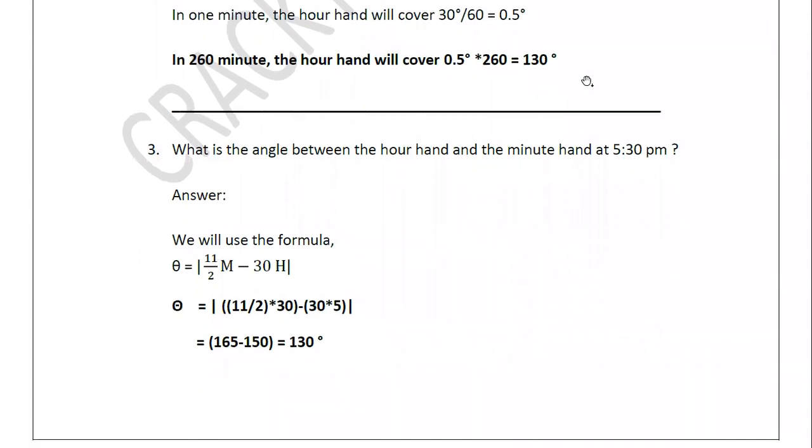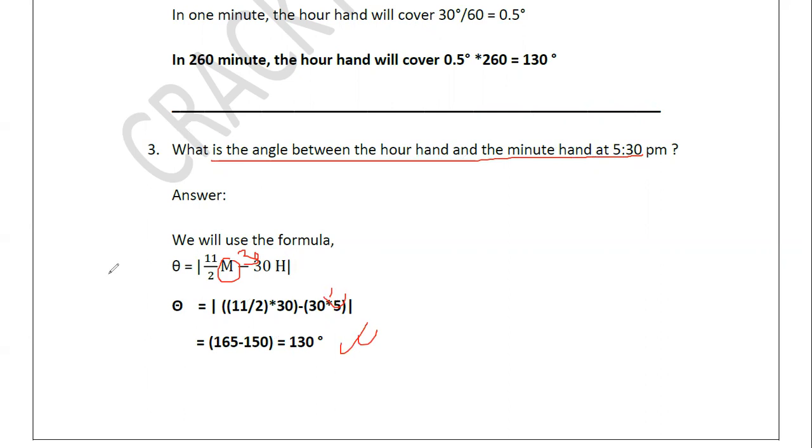Now this is an important question, meaning this kind of question can be asked in your exam. What is the angle between the hour hand and the minute hand at 5:30 p.m.? We have seen that we use one formula, right? So that formula will be used here. Put the value of minutes here, that is 30, and hours here, that is 5, and you'll get this answer.